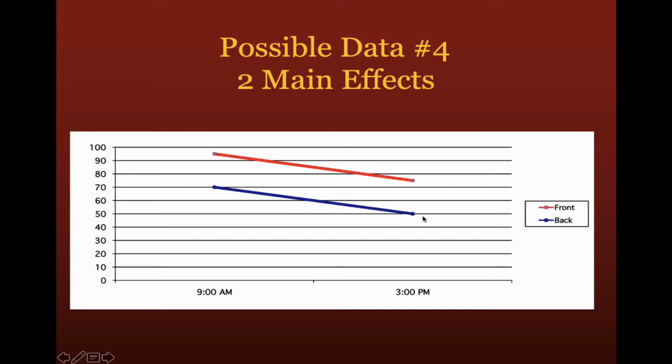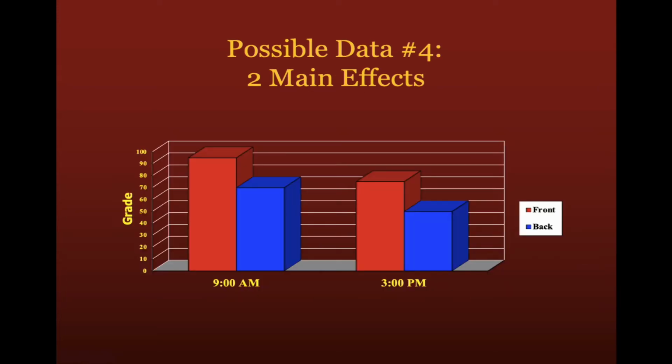If we're looking at seating location, we're taking the average of our fronts, right, and comparing it to the average of our backs. So this graph represents two main effects, no interaction. If we had a bar graph, it would look like this.